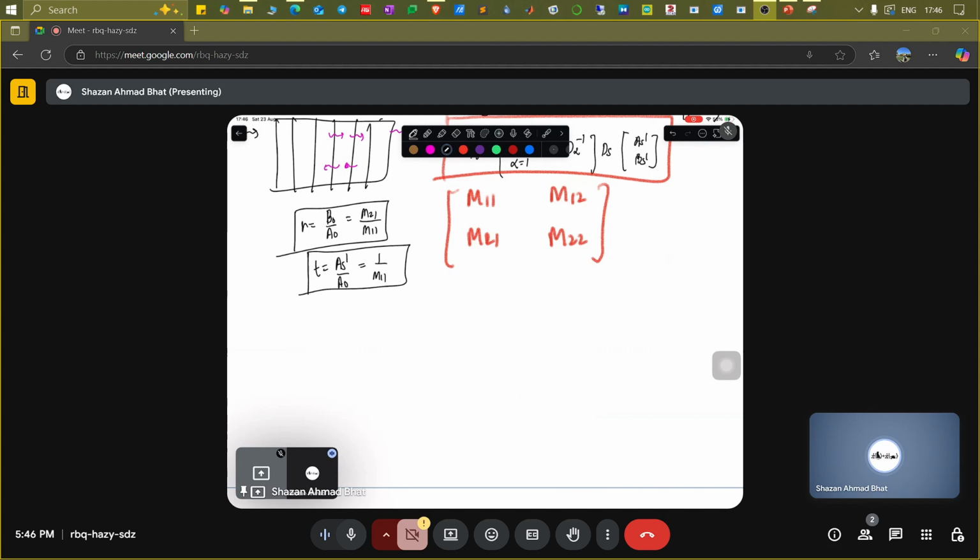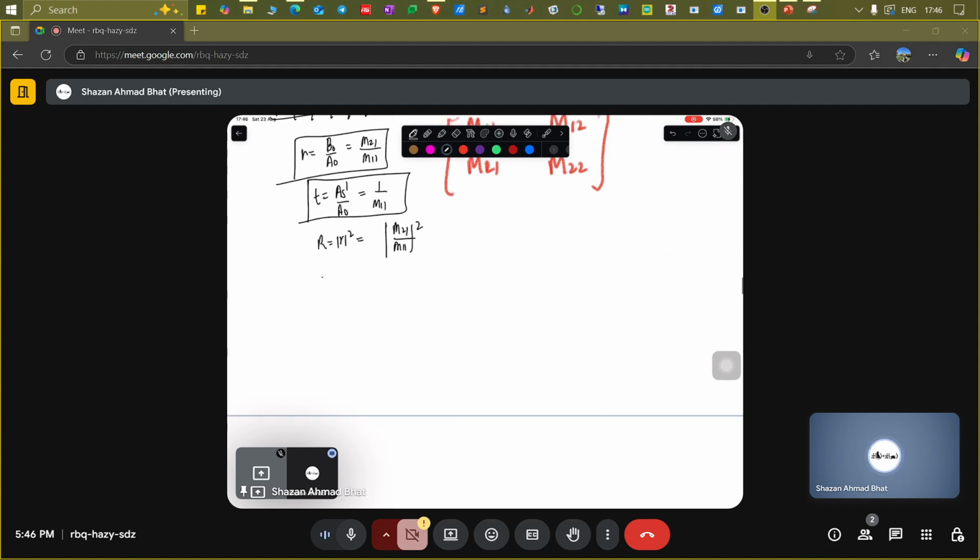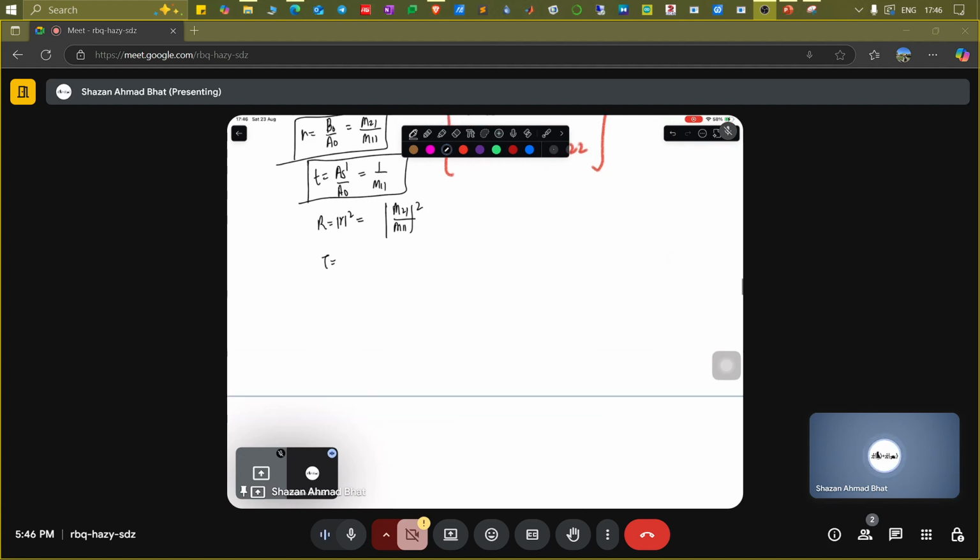If you want the field magnitude, the reflectance R is the magnitude of M21 over M11, squared. Similarly, for the transmission, there is some factor which comes in, and you have 1 over M11 squared. We'll talk about why this factor comes out in the later part of this series.